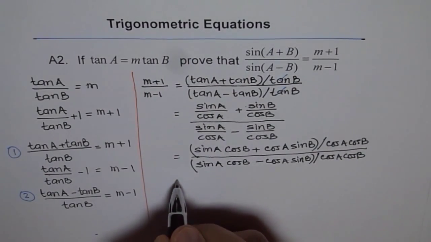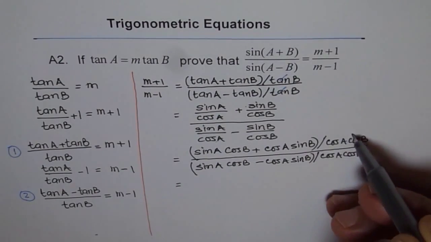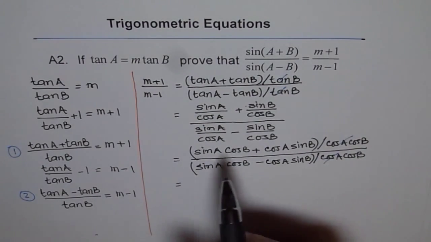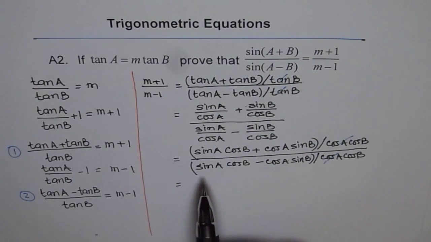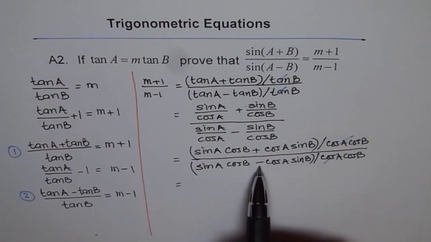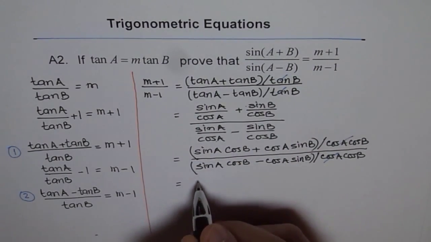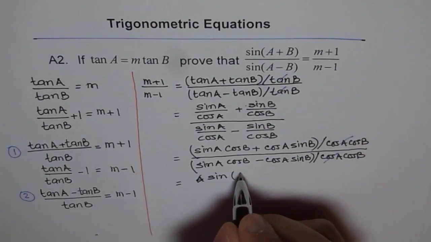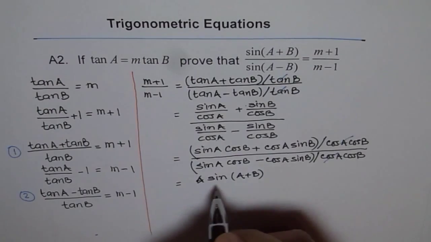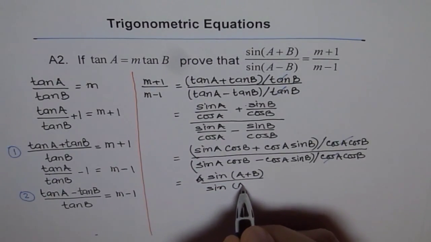Now what do you see? Cos A cos B gets cancelled out, and you're left with sin A cos B plus cos A sin B in the numerator, and sin A cos B minus cos A sin B in the denominator, which is sin(A plus B) divided by sin(A minus B).